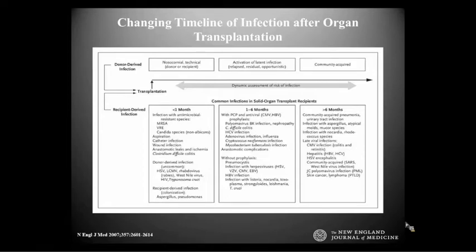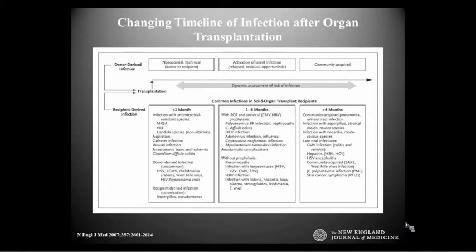Moving on to the second part of the timeline, this is where your immune suppression is reaching its highest point, and hopefully up to 6 months, you're coming to a point of stable immune suppression. At this point in time, most people have left the hospital and gone back into the community, so they have contact with the community.